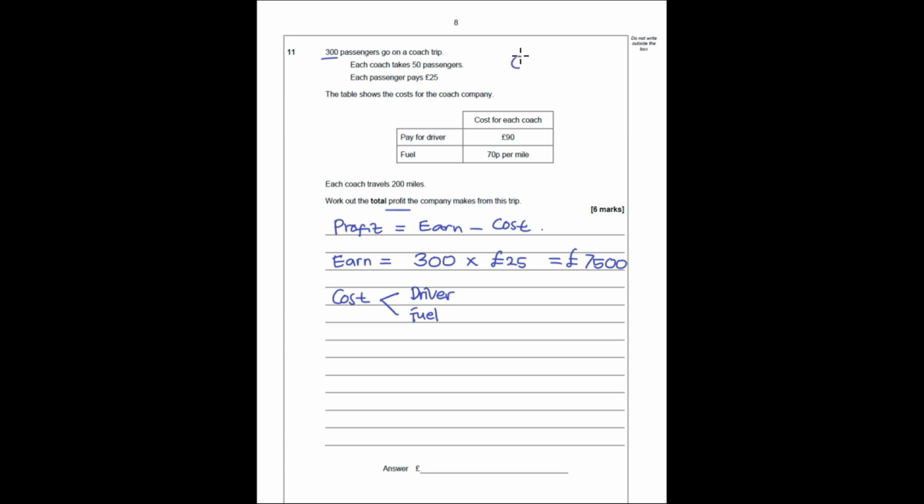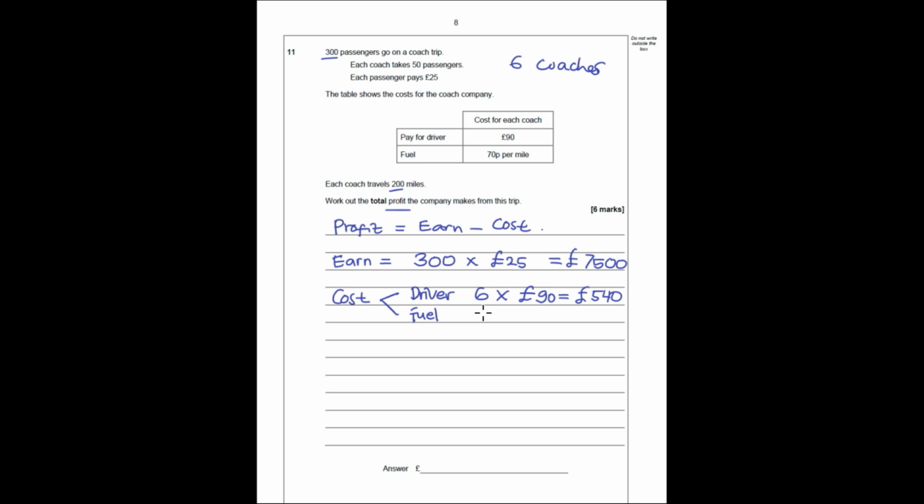That means they have 6 coaches. So they have to pay for the drivers 6 times 90, and we have 54. We have 0 here, so £540.